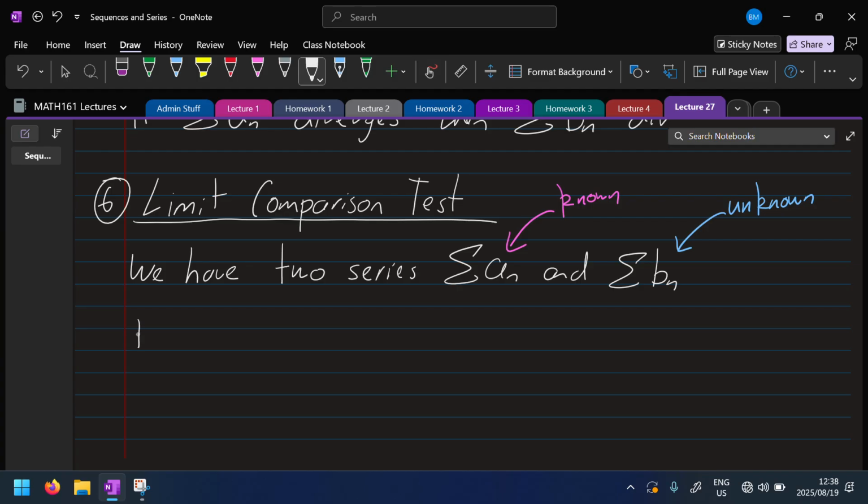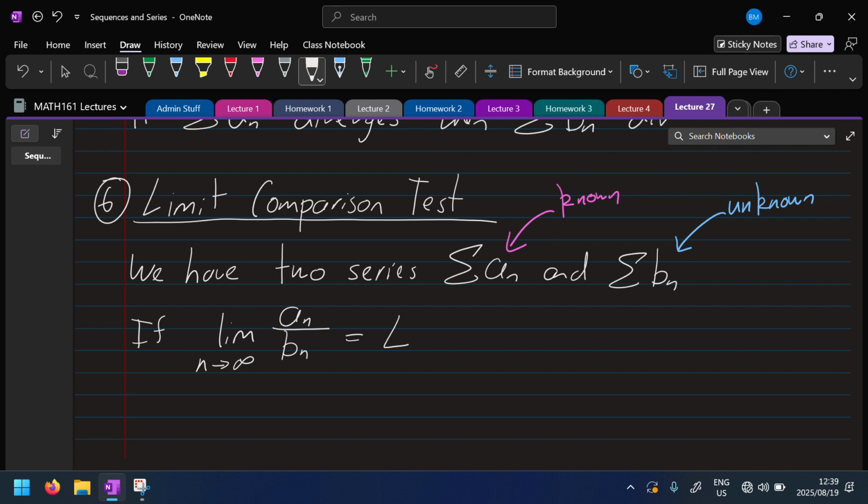Okay, then if the limit as n goes to infinity of a_n over b_n, okay, so you take the a_n from the one that we know and the b_n from the one that we don't know. So a_n over b_n, we calculate this limit.